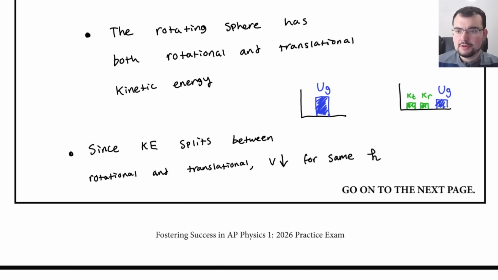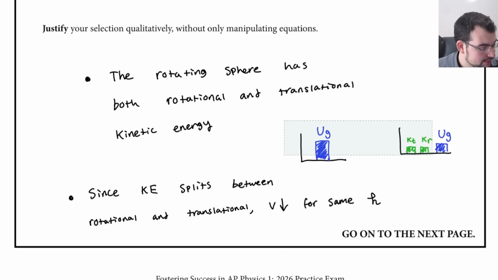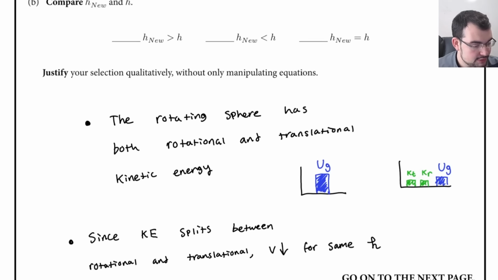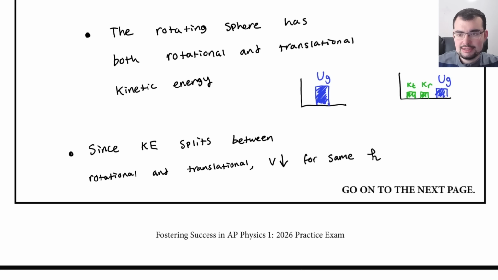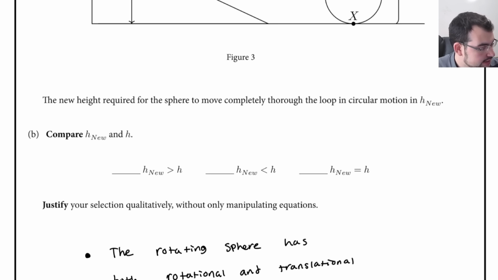Right? So if I drop the sphere from the same height that I drop the block, the sphere is going to have a lower center of mass velocity or translational velocity, because I had to account for the fact that some of that kinetic energy has to go to the rotation. So all that is to say that h nu has to be larger than the original because of this fact.